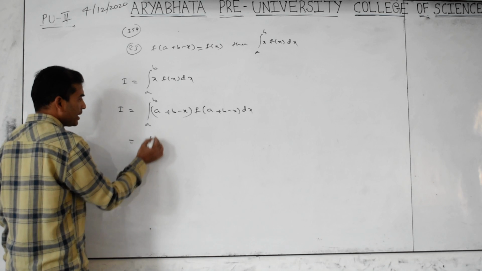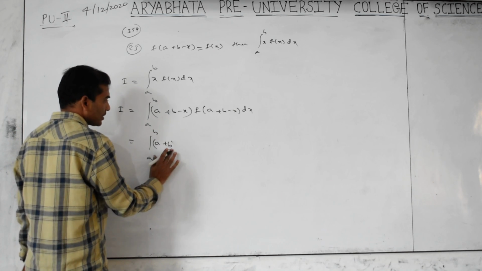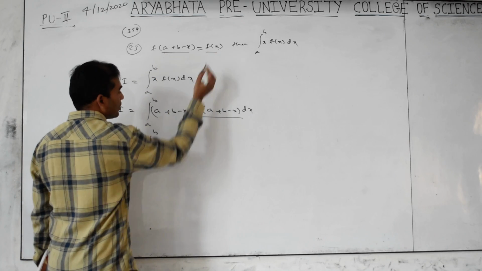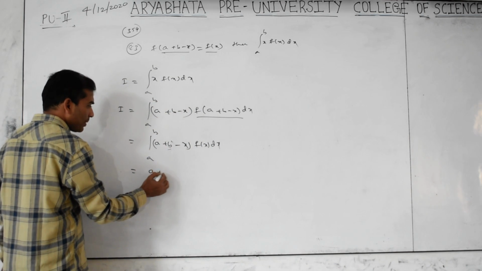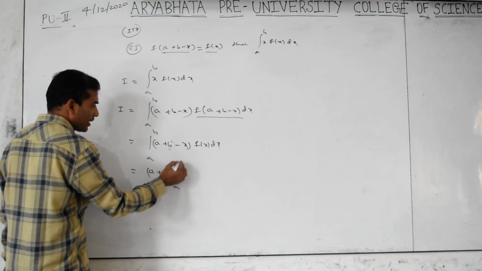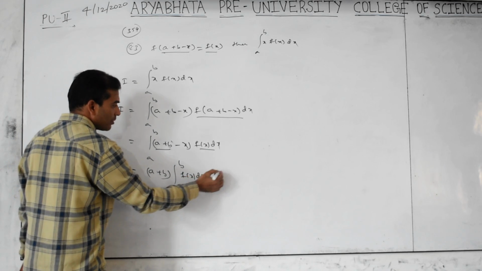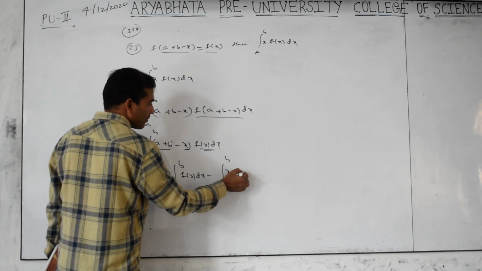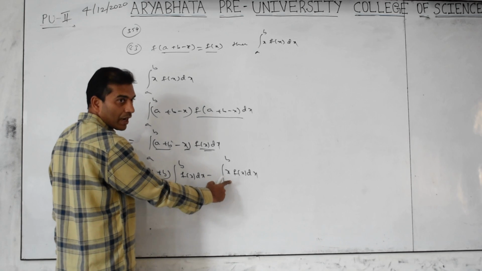So x is replaced by a plus b minus x. So integration a to b of (a plus b minus x) into f of a plus b minus x, which equals f of x, dx. Splitting, we get a plus b integration of a to b f of x dx minus integration of a to b x into f of x dx. This is I, which is also I.